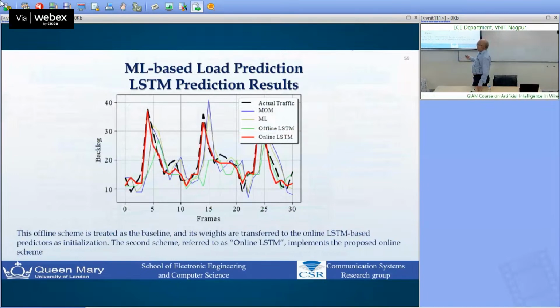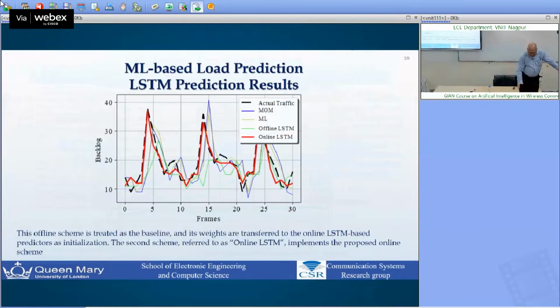Therefore, we have to predict the load accurately. Predicting the load means that every time slot you predict the load of the next time slot. Then at the beginning of the next time slot you can broadcast the ACB factor. So we need a load predictor, not an estimator.